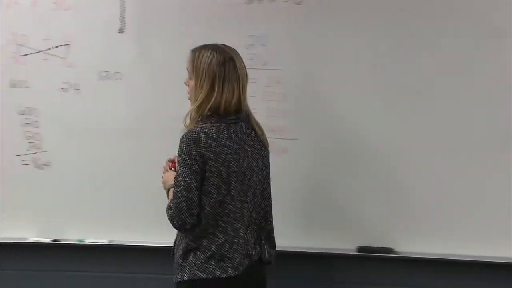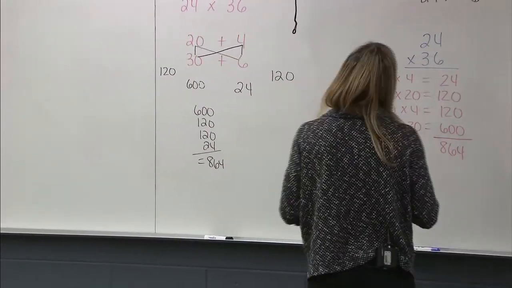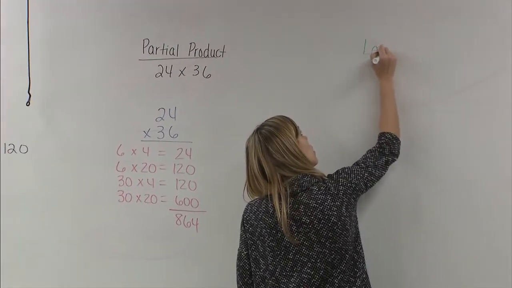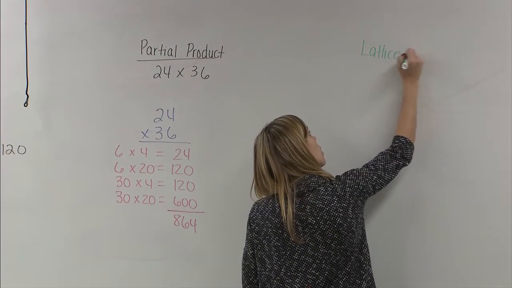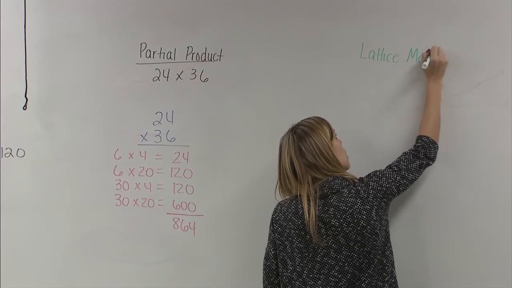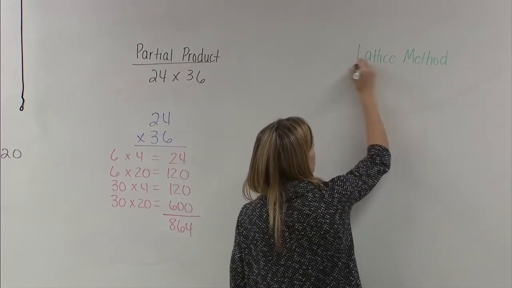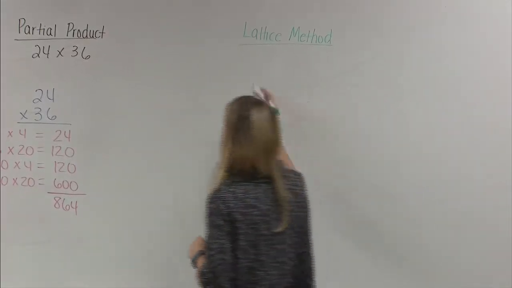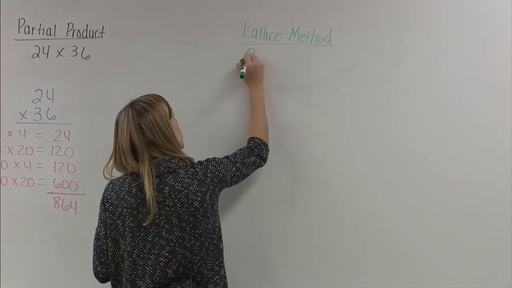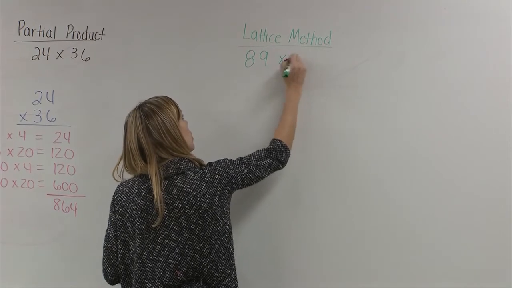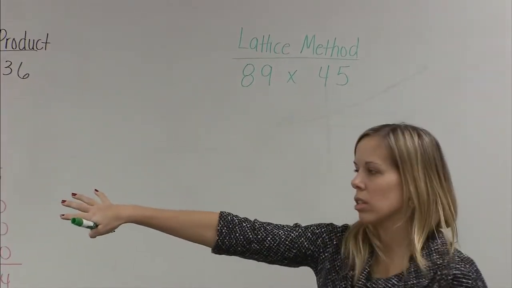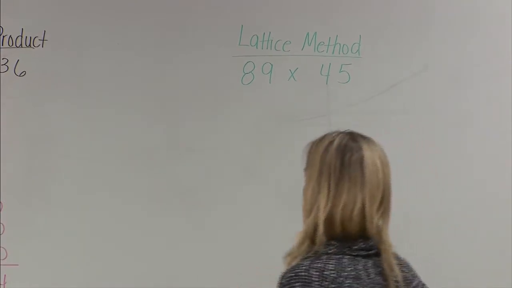All right, lattice method is one that I see a lot of students end up using. And so for this one, we'll look at 89 times 45. So we're going to start out, and it's going to look similar to the array method where we're using boxes.